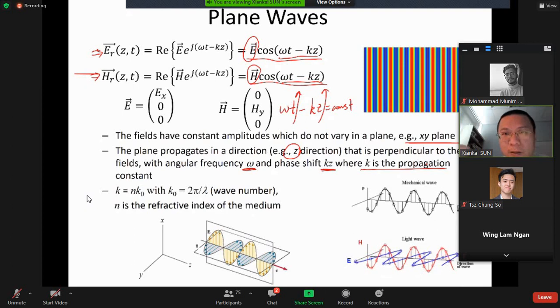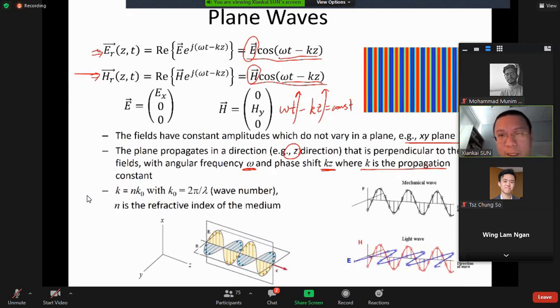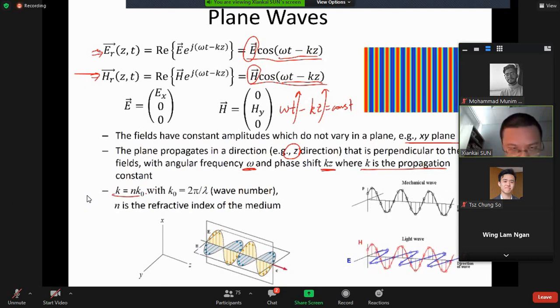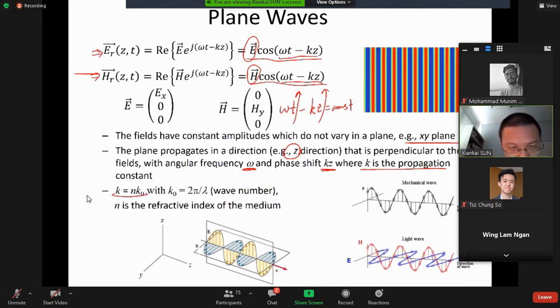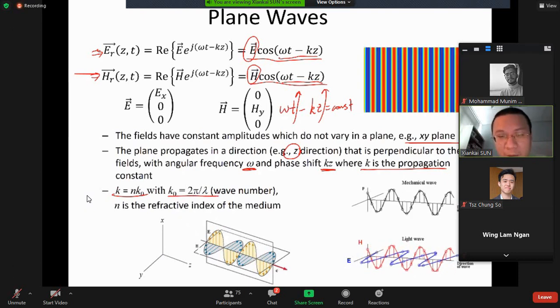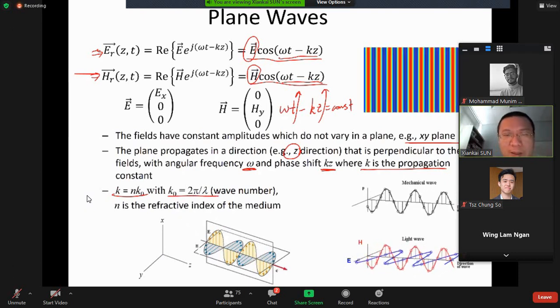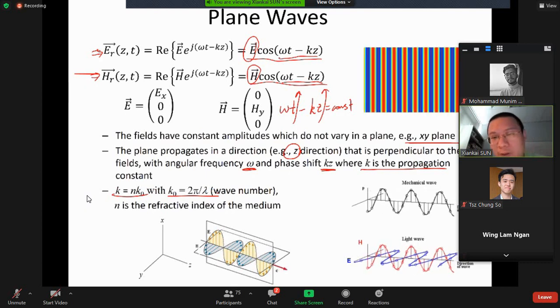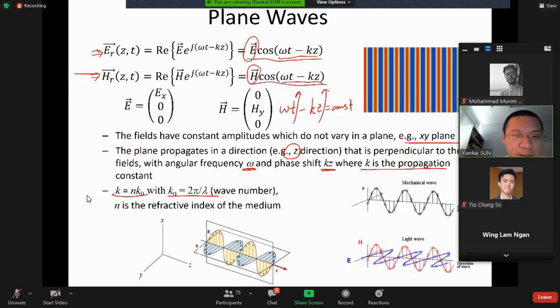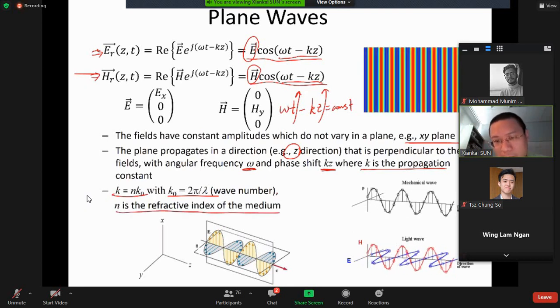All right, so you may want to ask, how is k defined? k is equal to n times k naught, and k naught is the wave number inside the vacuum, defined as 2 pi over lambda. Lambda is wavelength, and n is the refractive index of the medium.